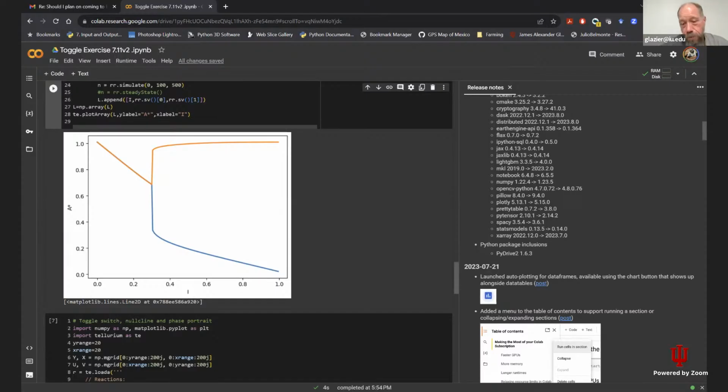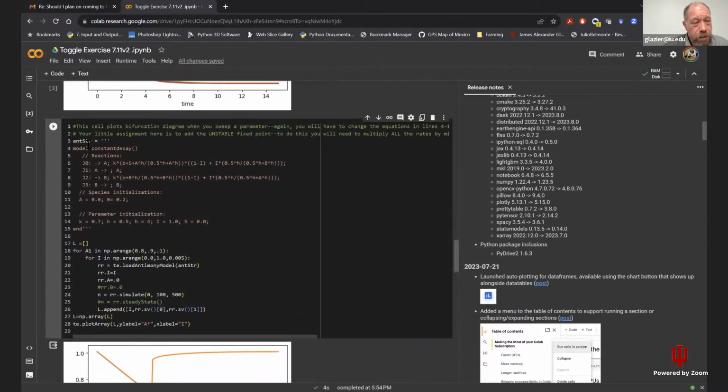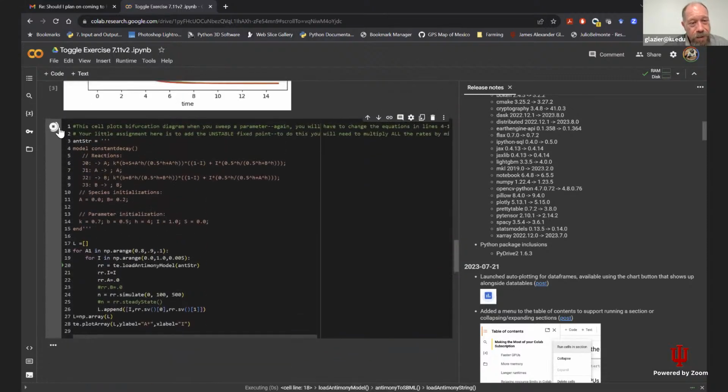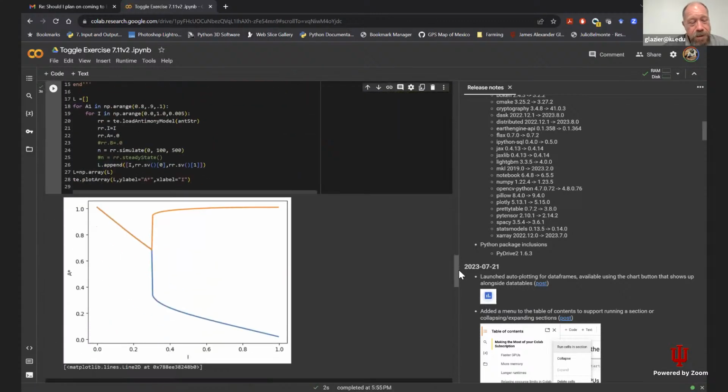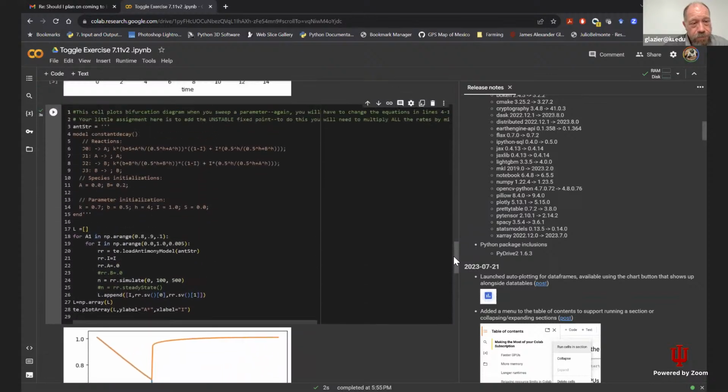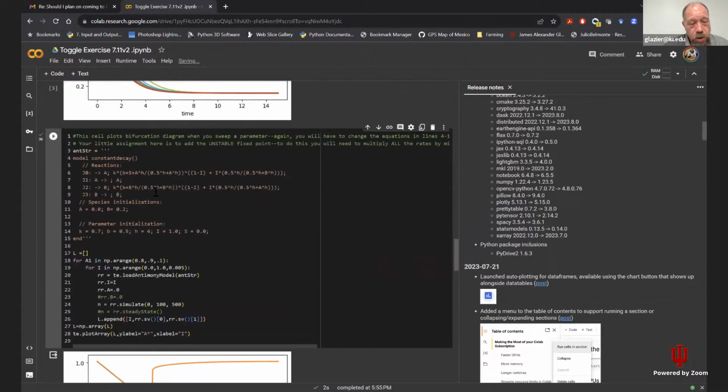So I cleaned up the notebook a little bit. This cell here, I've labeled it plot bifurcation diagram. This is the cell that you want to work with. You're going to have to change the reactions to be the ones in exercise 12.1. That's a little bit simpler.